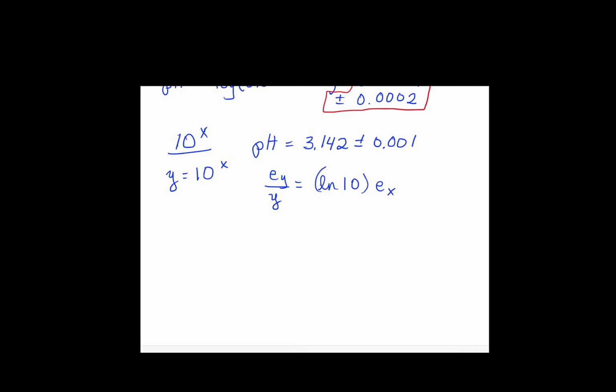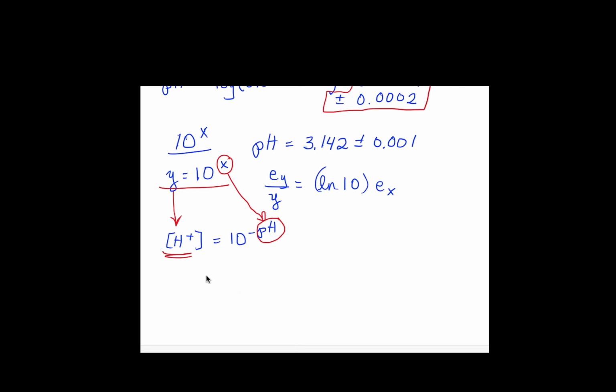Okay, so if we look at the pH, and I just had written up there how we calculate the pH. We calculate our concentration as 10 to the minus pH. And so looking at our generic rule here, that means that y is equal to our concentration of H+, and that x is the pH, and the negative sign does not change our process, so we don't have to worry about it.